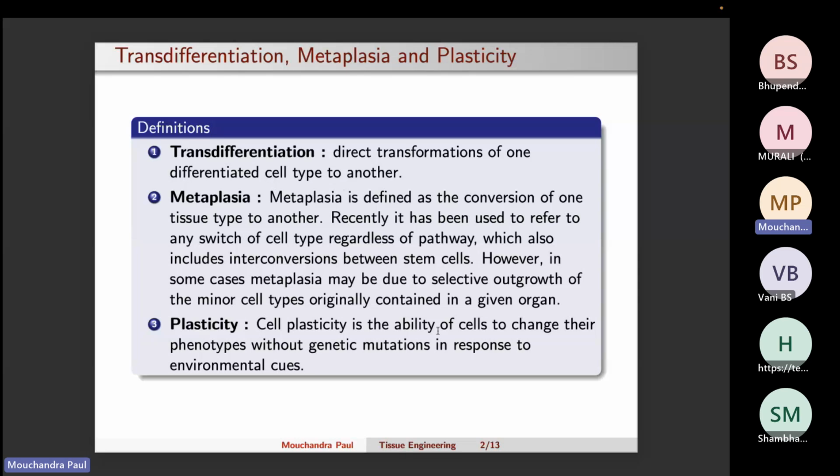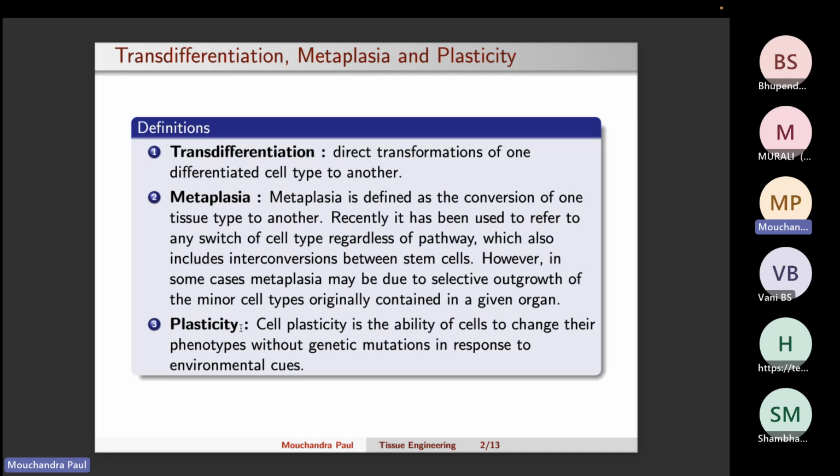This kind of change is plasticity. So these three terms are very different, but they can be easily confused with one another. You have to know what makes these three terms different from one another, and then I'm sure you won't be using them loosely ever again.